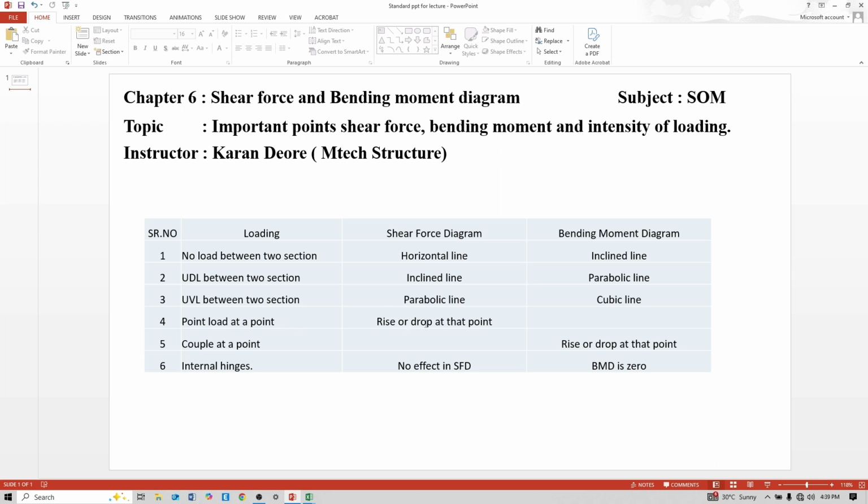In the shear force diagram, there is a rise or drop at that section. We had seen this also. And for a couple at a point, the bending moment rises or drops at that point. And for internal hinges, there is no effect in SFD, but in BMD, when there is an internal hinge, the bending moment is 0. So remember this. Thank you very much.